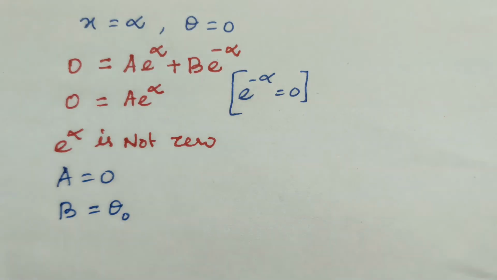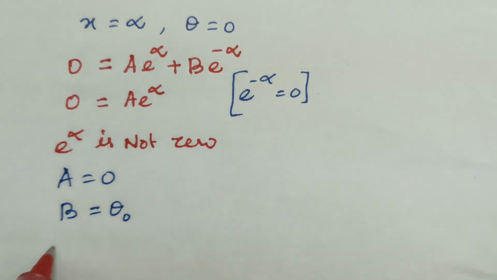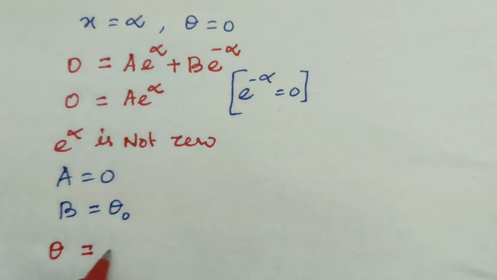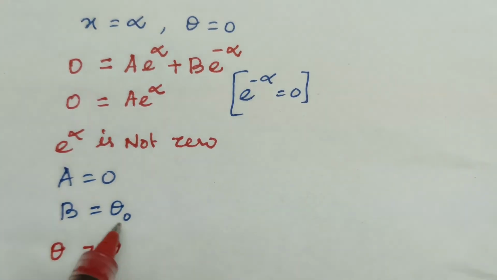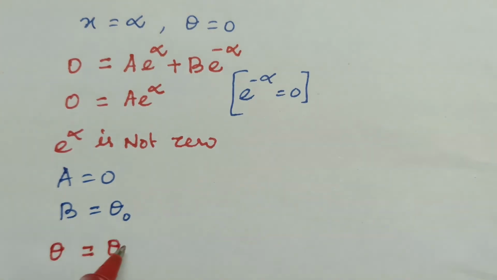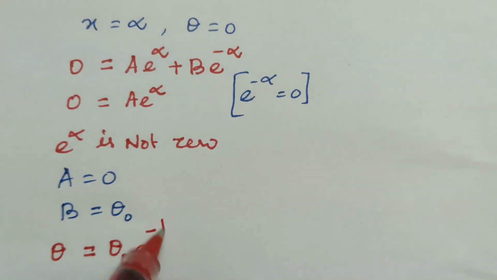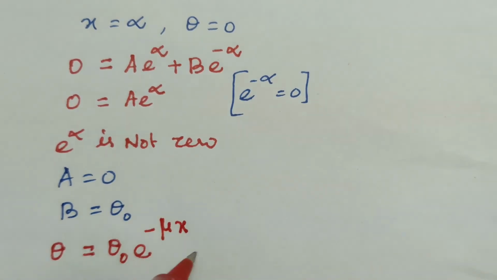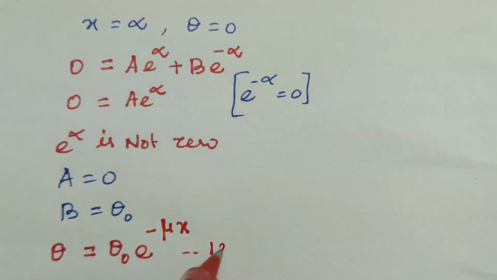Now substituting a and b values in equation 11, a equal to 0, so we leave the a term, and b equal to theta 0, that is theta is equal to theta 0 e power minus mu x, equation number 12.